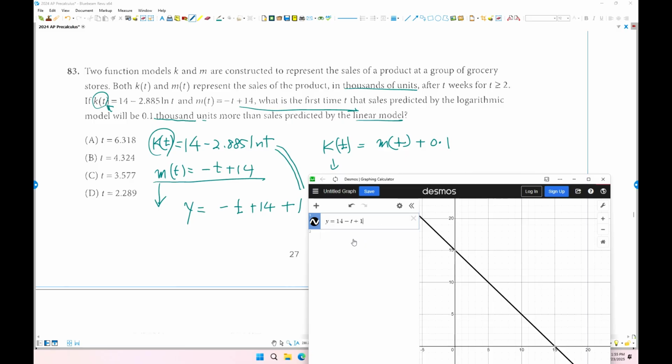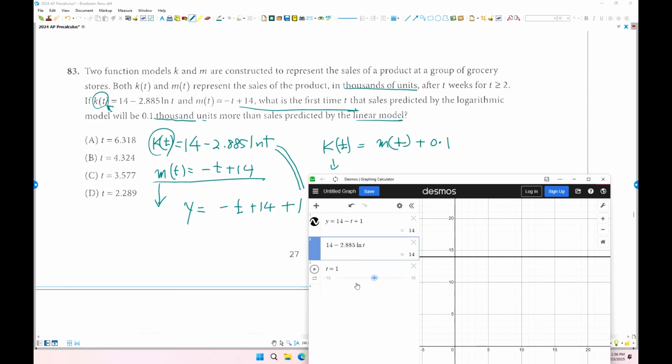The second one is the log: 14 minus 2.885 ln t. Y equals, okay.